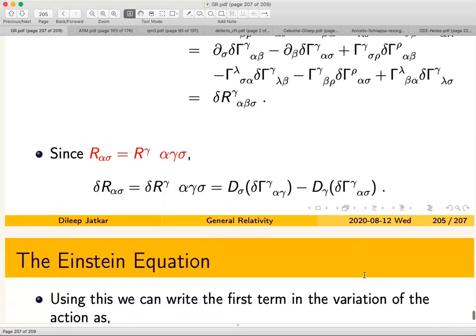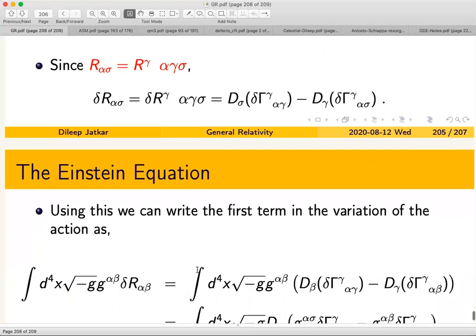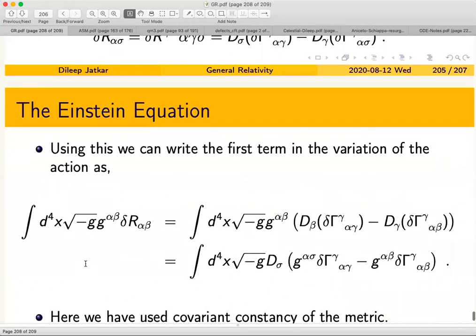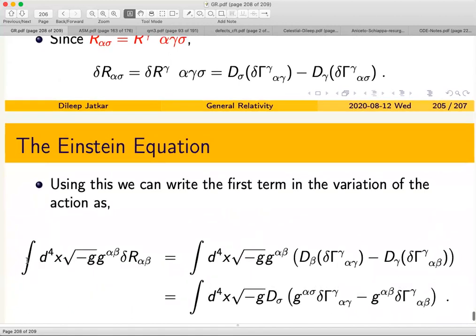Take this expression and put it back into our integral. Then we get an expression which is root g, g alpha beta, delta R alpha beta. Replace sigma by beta inside this expression, and you will get terms like this. You can check that it is beta derivative times delta gamma alpha gamma, minus gamma derivative of delta gamma alpha beta.